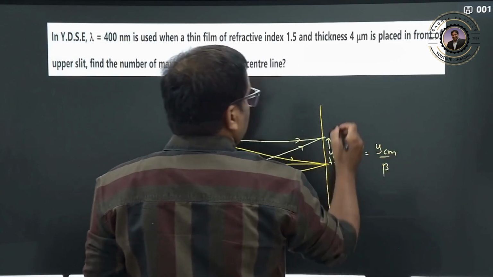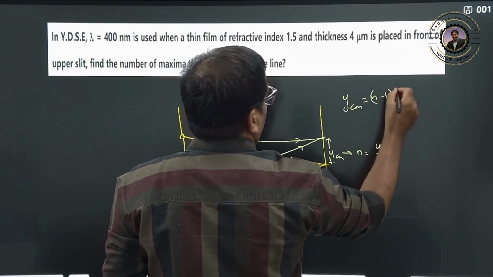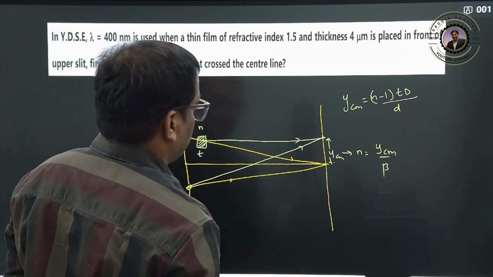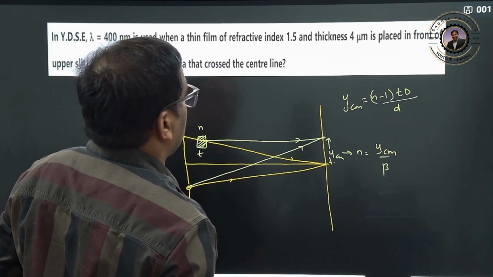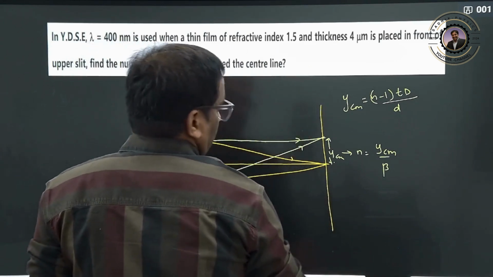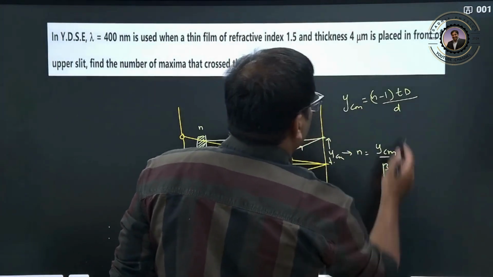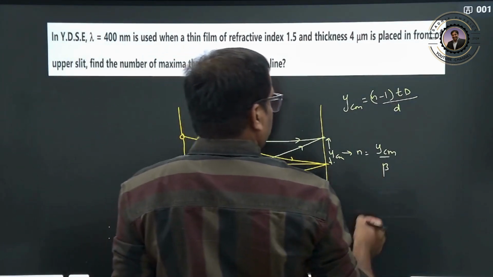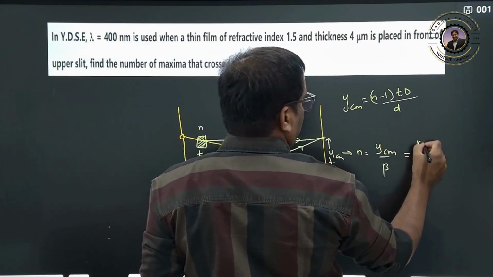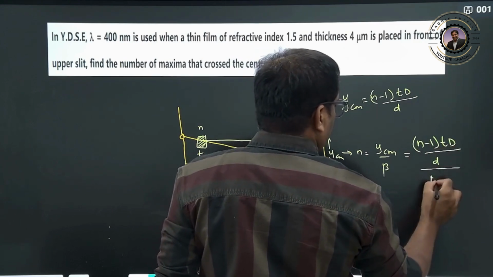YCM you already know: (n minus 1) into T into D by d, divided by D lambda by d.